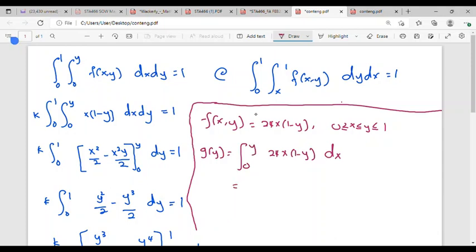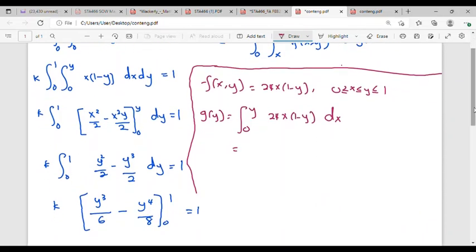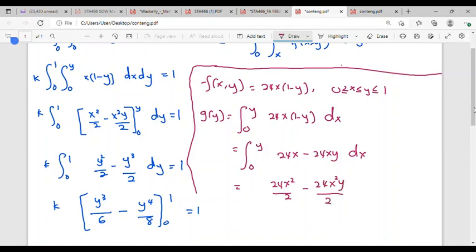So when we integrate with respect to x, y will be a constant. So let's expand first. So it will be 24x squared divided by 2 minus 24x squared y divided by 2.